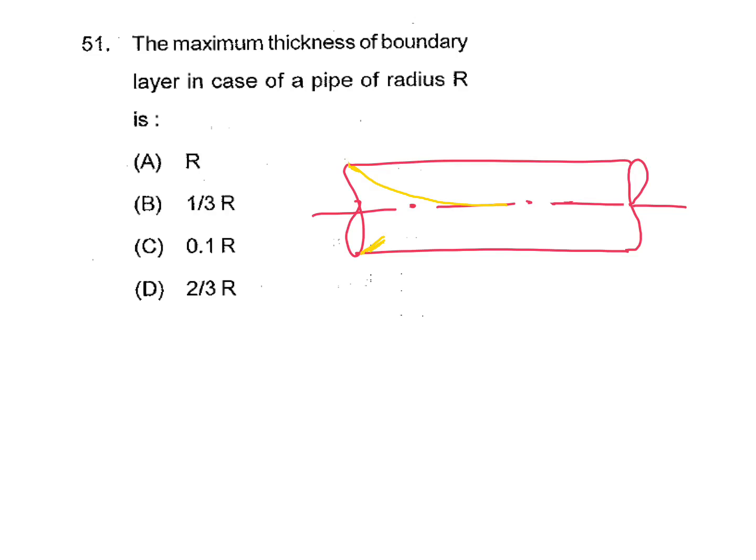So maximum is here. This distance is r, the radius of the pipe. So here answer is r. A is the answer. That yellow color represents the pipe boundary layer.